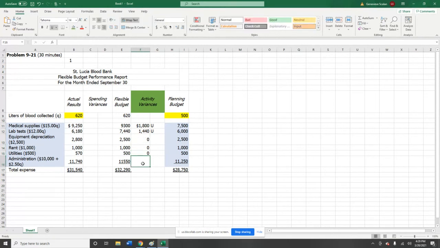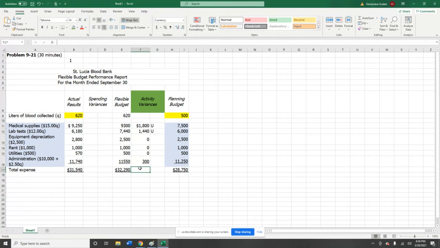So our administrative expenses is equal to 11,550 minus 11,250. What is your problem? I guess you don't like that there's a formula in there. All right. Well, 11,550 minus 11,250 is 300.